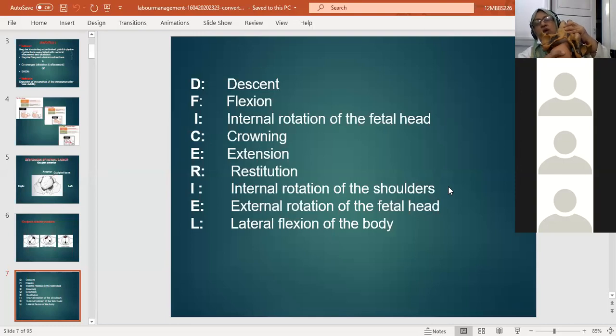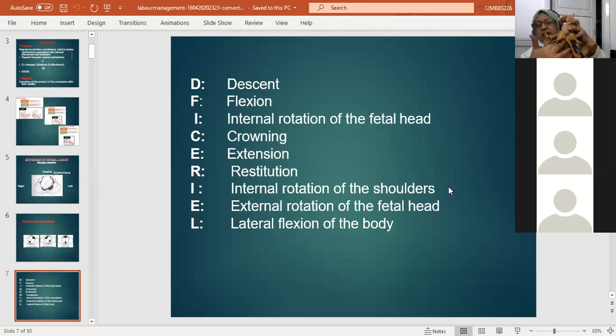After that, there is an internal rotation of the shoulder. The shoulder comes into the anteroposterior diameter of the maternal inlet, and the head is externally rotated. The head will be in the transverse, and the shoulder enters the AP diameter.